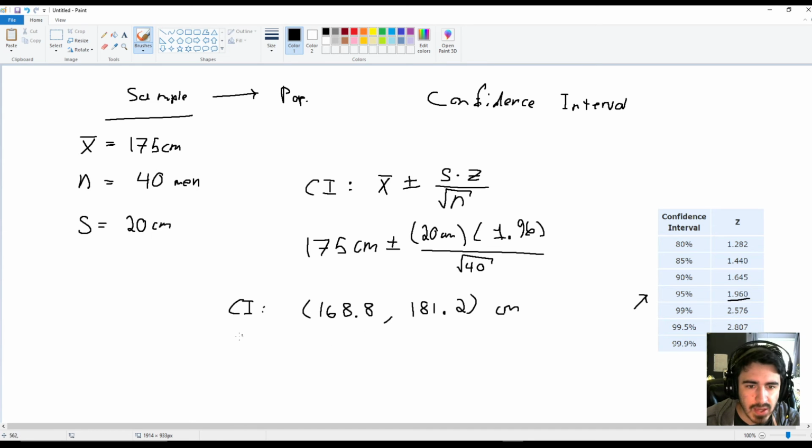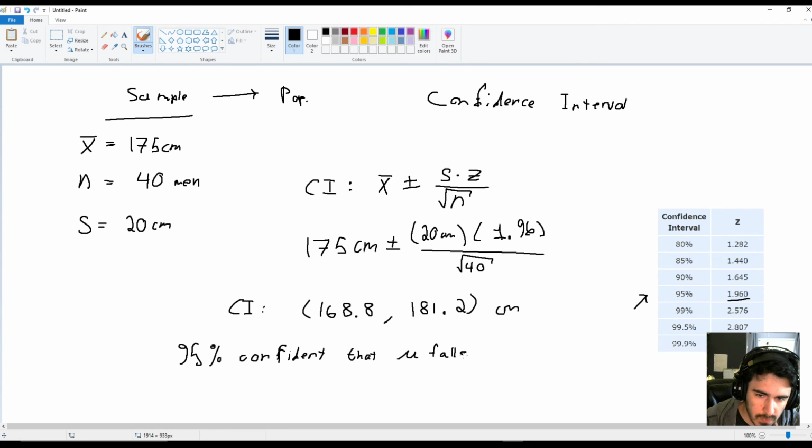And what this is saying is that we are 95% confident that the true population average, our mu value, falls within our confidence interval.